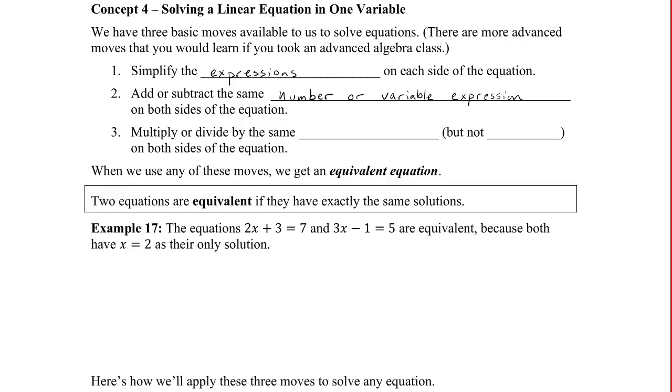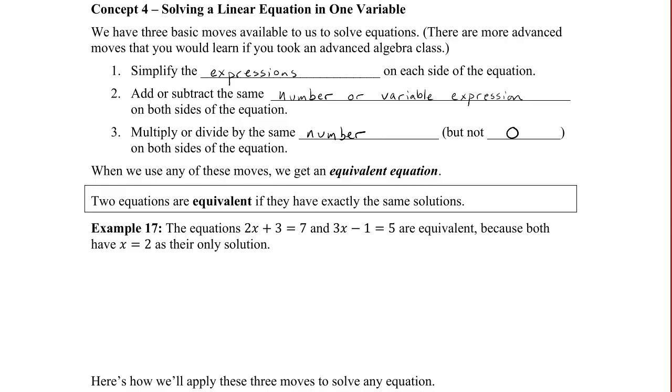The other move we have available is to multiply or divide by the same number, as long as that number is not 0. Right? We can't multiply both sides by 0 because that just gives us the equation 0 equals 0, which is not interesting. We can't divide both sides by 0 because you can't divide by 0 at all.